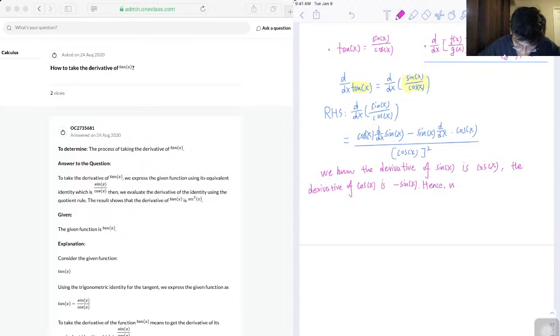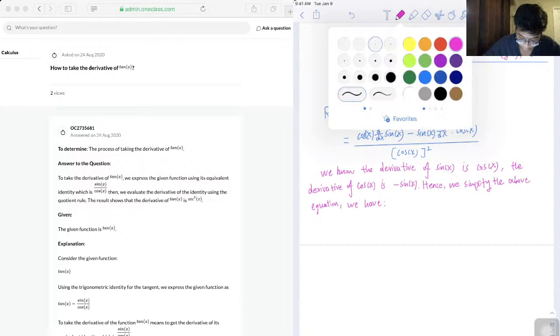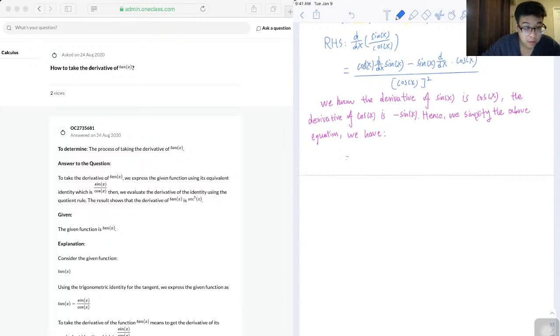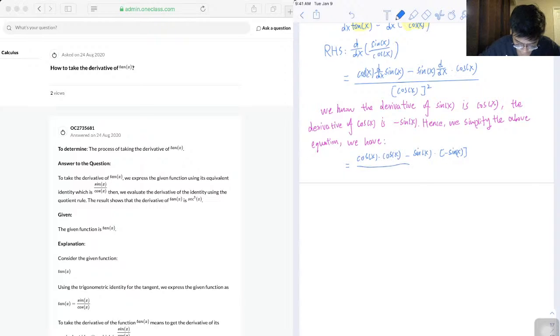Hence, we simplify the above equation. We have cosine x times cosine x, minus sine x times negative sine x, over cosine x squared.